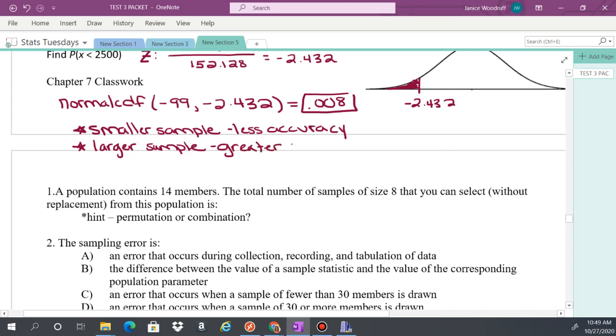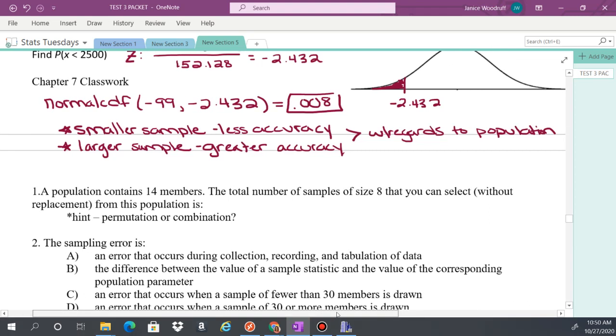And this is with regards to the entire population. So it's always better to have a large sample size if you're trying to talk about an entire population.